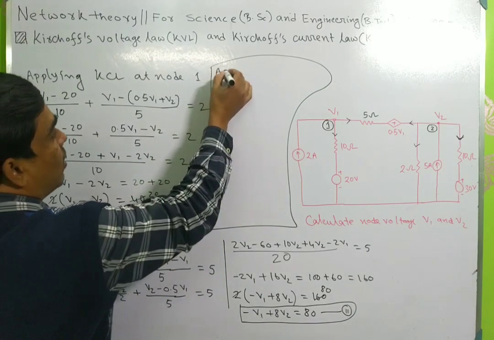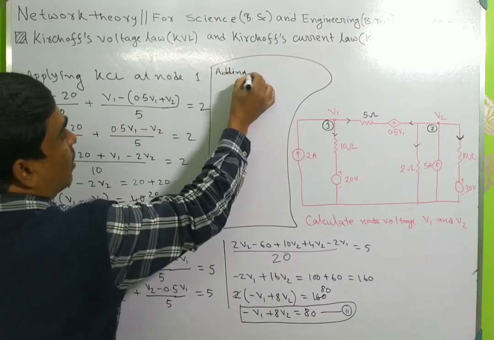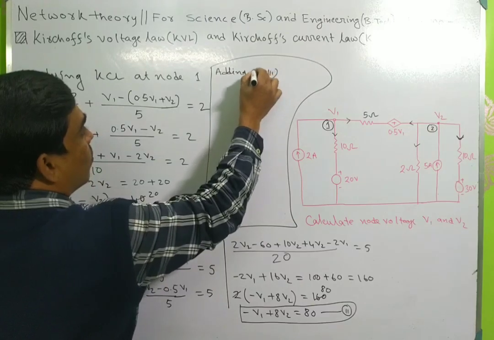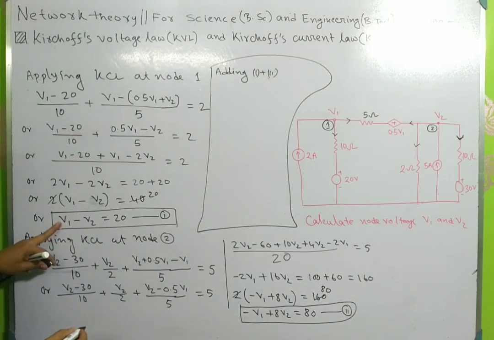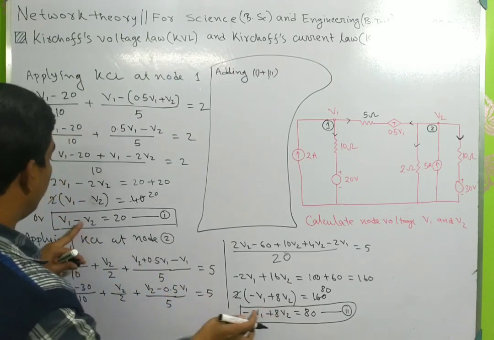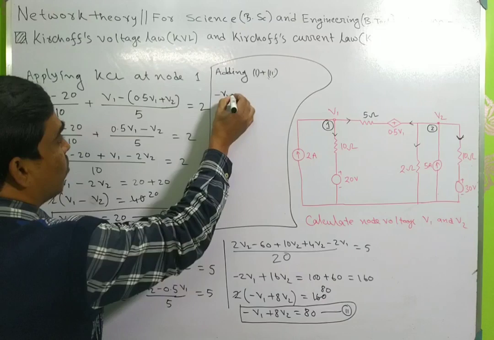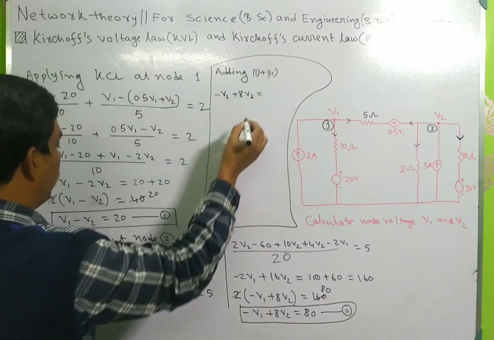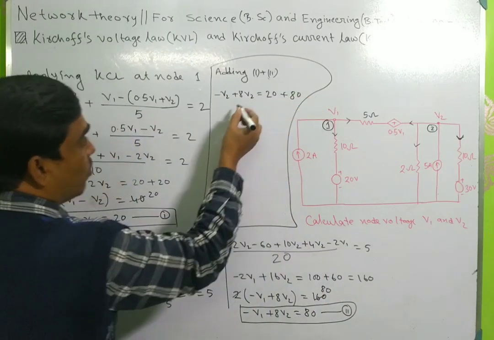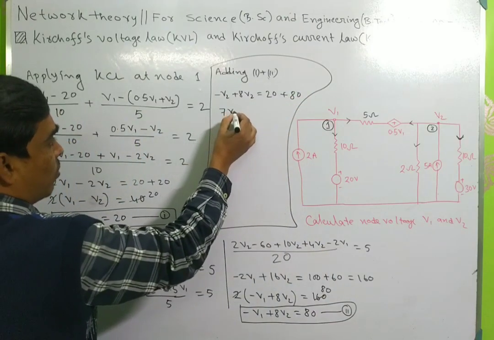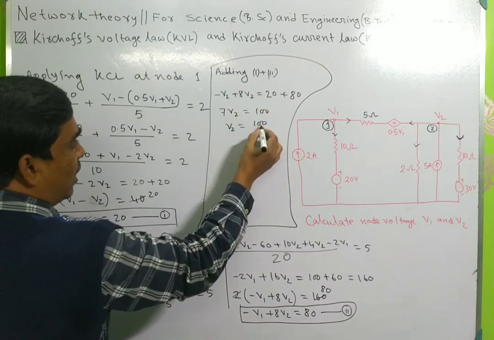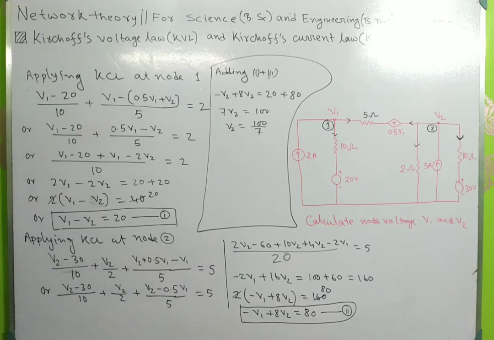So adding 1 plus 2, this is plus V1, this is minus V1, so it will cancel out. Then minus V2 plus 8 V2 equals 20 plus 80. So it will be 7 V2 equals 100. So V2 equals 100 divided by 7.